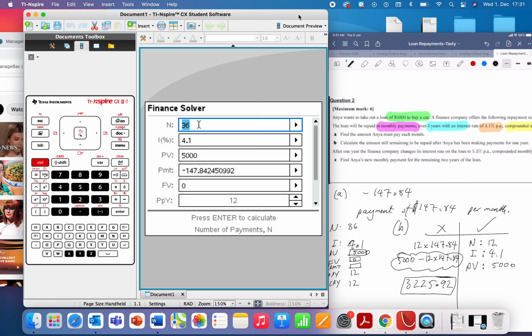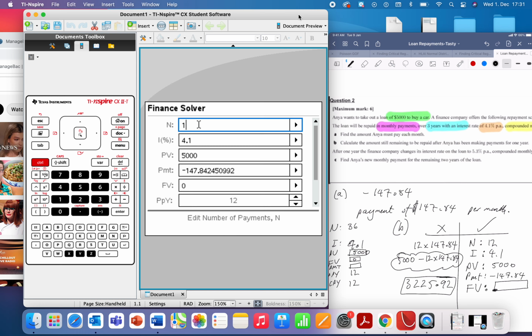But now we are going to make the payments going out of negative 147.84. But now we're going to solve for the final value. What is the final value of this loan after making the payment of 147.84 for 12 months? Okay, so everything else stays the same. We're just changing that N.